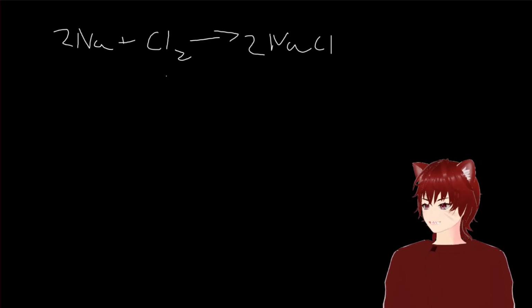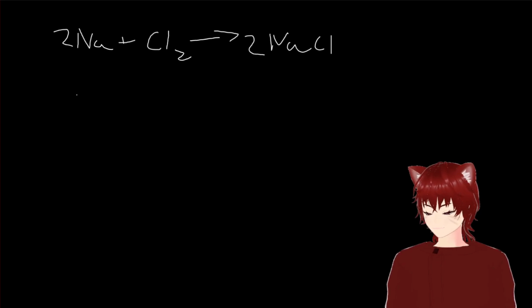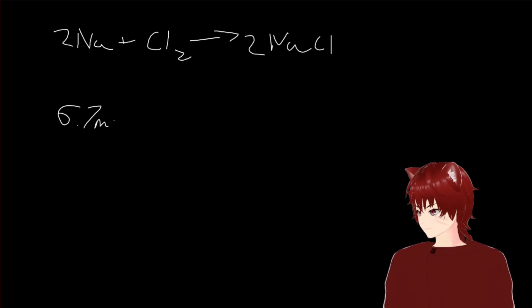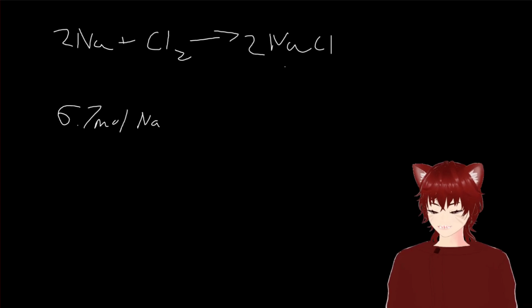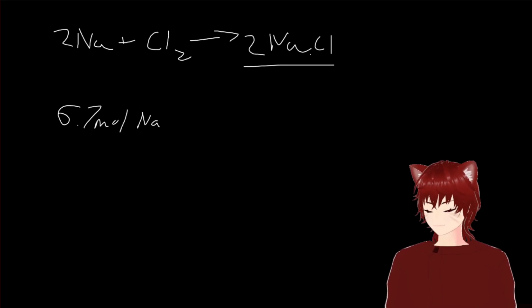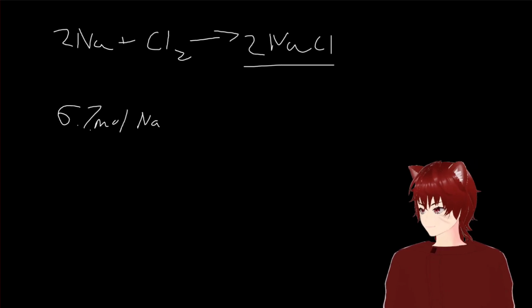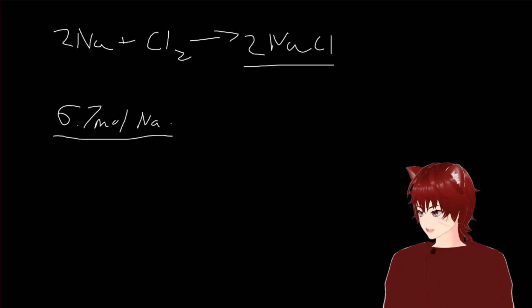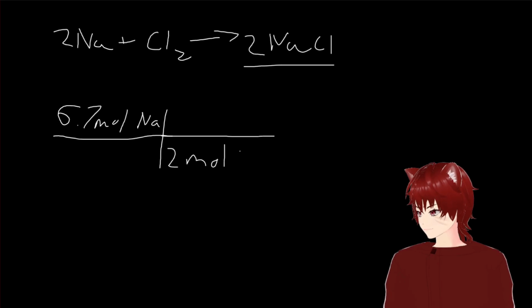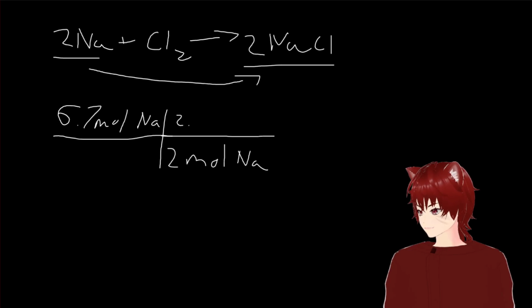So now that we have our equation, we can do our problem, which let's say we have 6.7 moles of sodium, and we need to get how many grams of NaCl would be produced if all of these moles react completely. So, say, okay, for every 2 moles of sodium, since there are 2 moles over here, there ends up being 2 moles of sodium chloride.